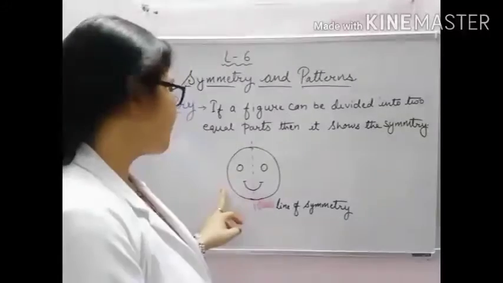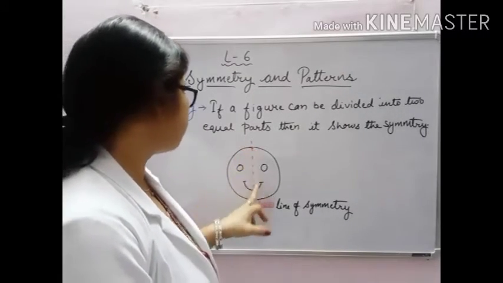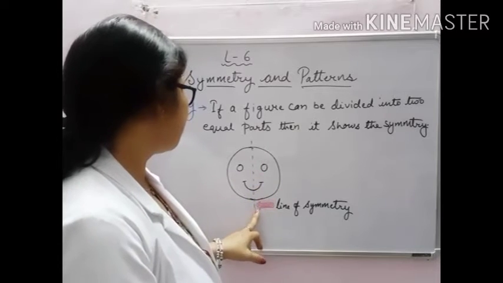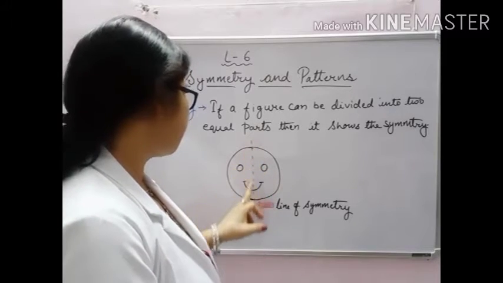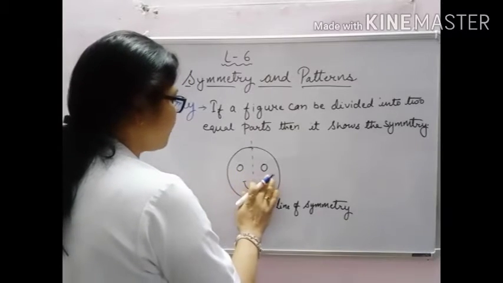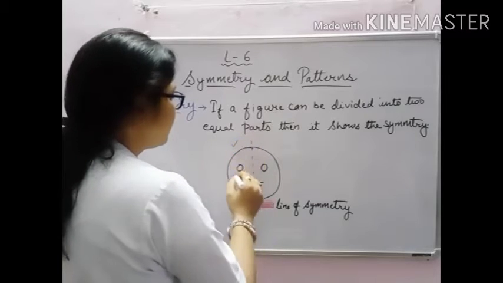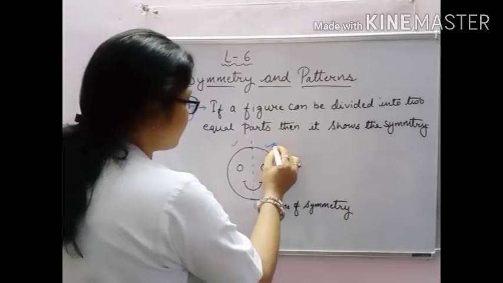Let's take an example of a smiley. This smiley I have divided into two equal parts about this line. Look, the two halves of this smiley. One eye is in this part and one eye is in this part.